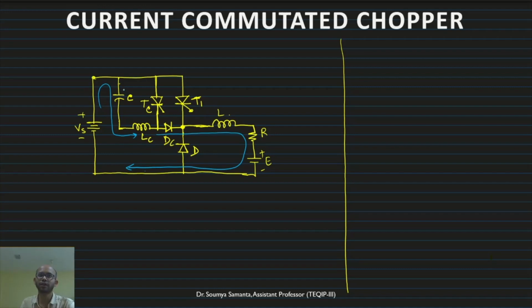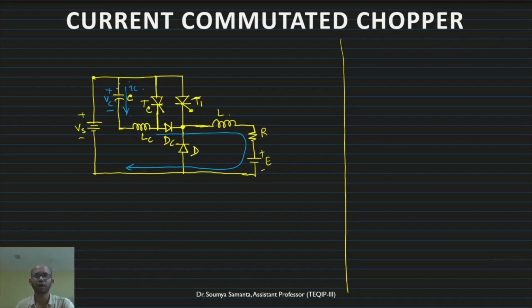As a result, this capacitor will be charged with this polarity, and the voltage across the capacitor will be Vc. I am writing Vc there, and the direction of the charge, I am considering this as IC, the positive direction.